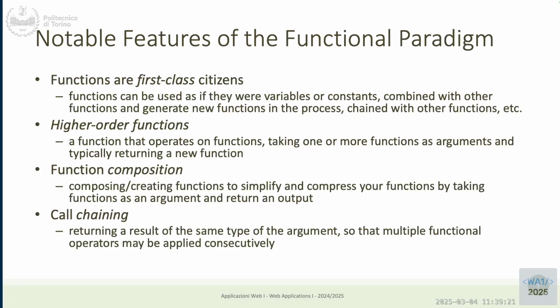And in all this chaining of function calls, we normally try to be careful not to have side effects. Not having side effects means that every method will return a new value starting from its argument. Okay? And so every time we return a new value, that result can be the basis for application of other methods and so on.